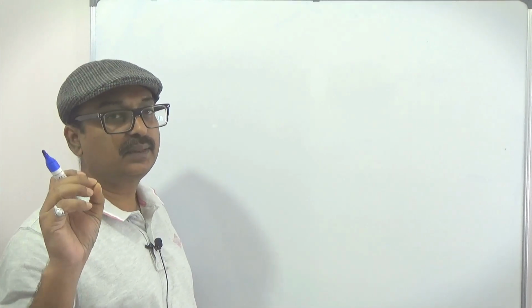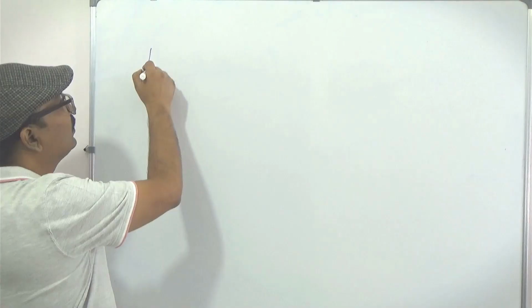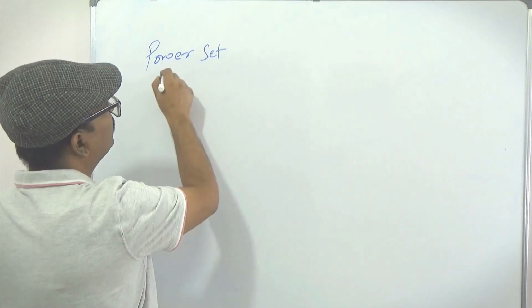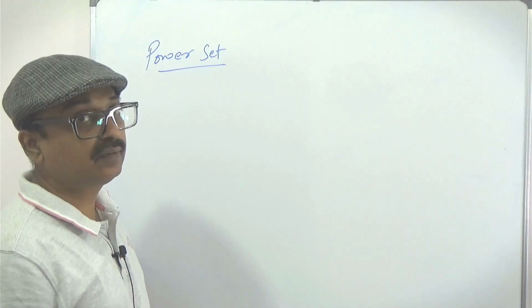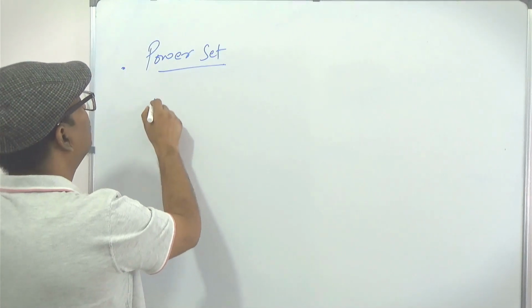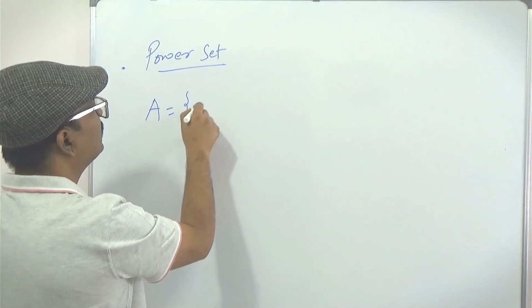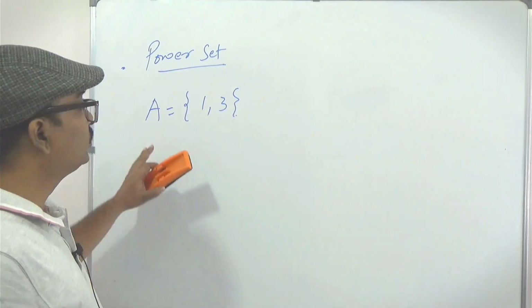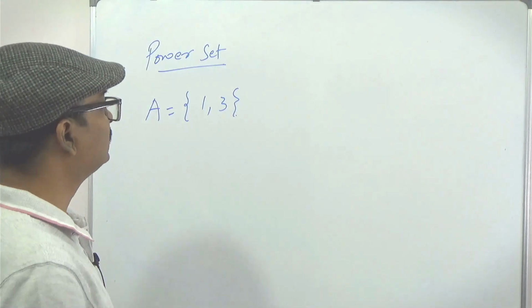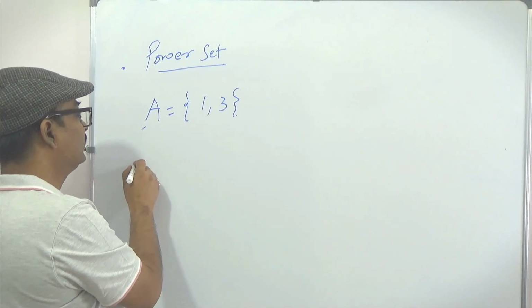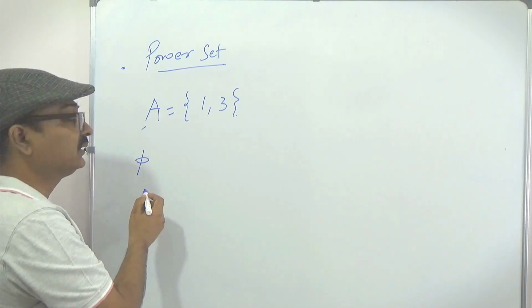Now we'll see what is a power set. A very important concept, that is power set, and then we have universal set. What is a power set? Let's say A is {1, 3}. So what are the subsets of this set A? First subset will be, as we know, the empty set.